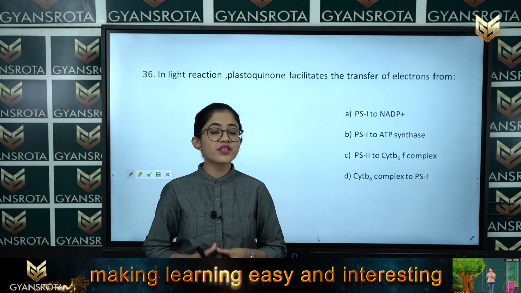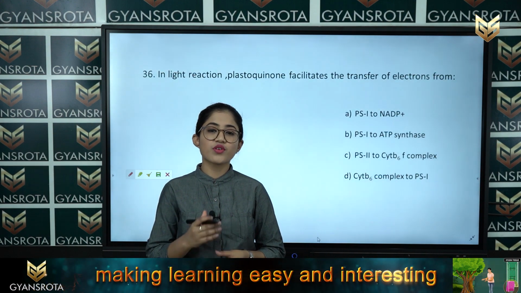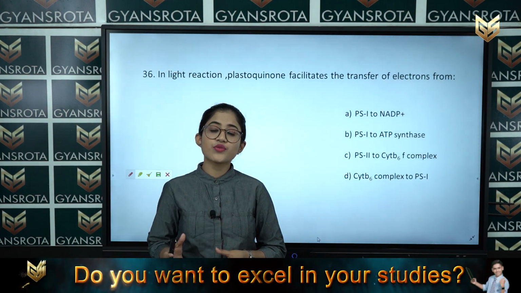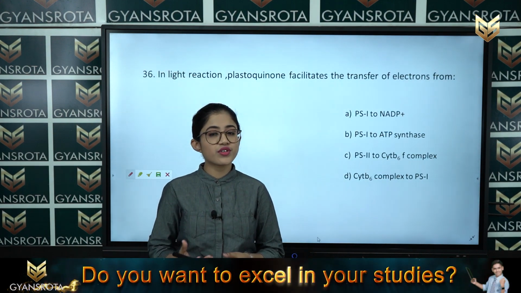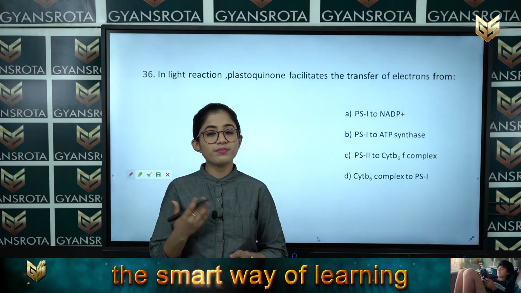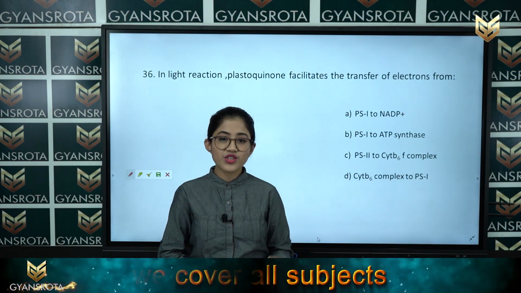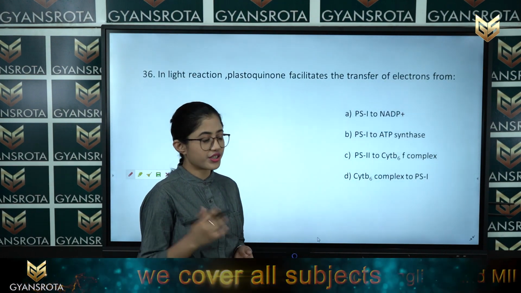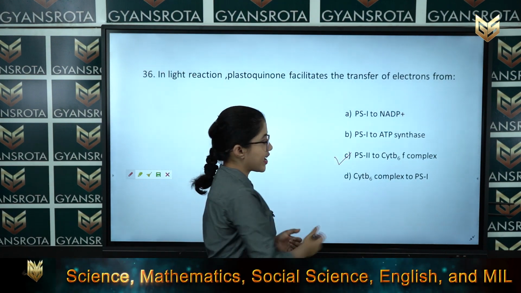Student, we have observed in non-cyclic photophosphorylation that plastoquinone facilitates the transfer of electrons from photosystem 2 to cytochrome B6F complex. So among these 4 options, option number C is the correct answer.